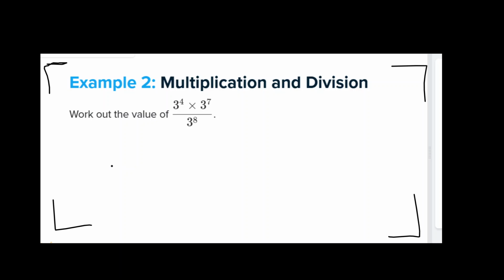Okay, this one, I'll take my time on this. So work out the value of 3 to the power 4 times 3 to the power 7 divided by 3 to the power 8. So there are two rules going on here. You solve the top one first before including the bottom one. That's one good way to do it without getting confused.